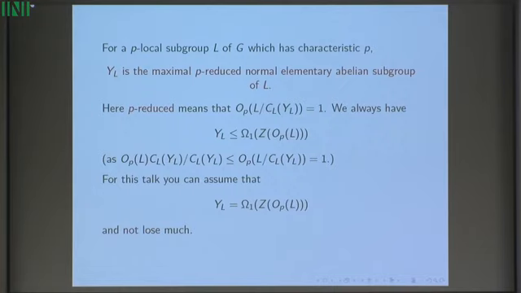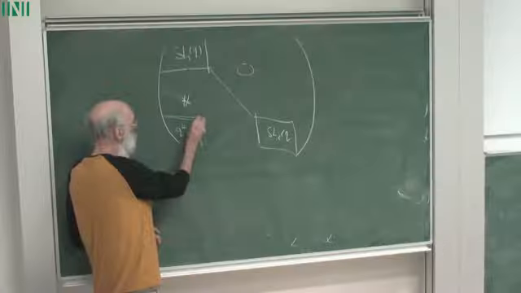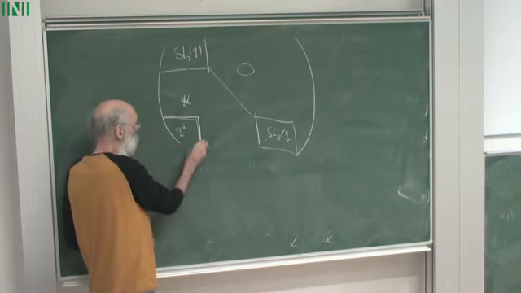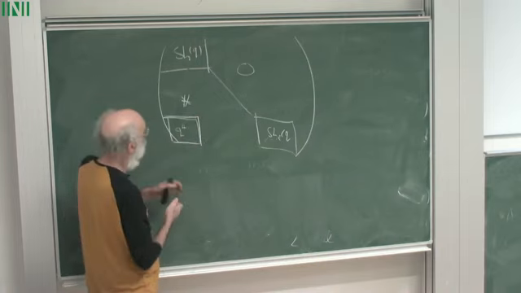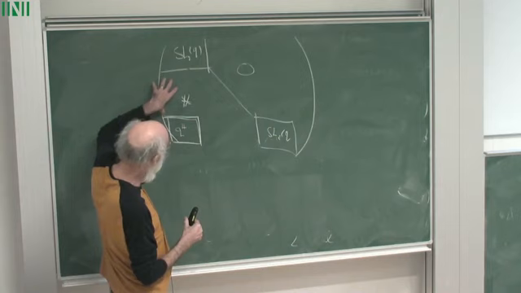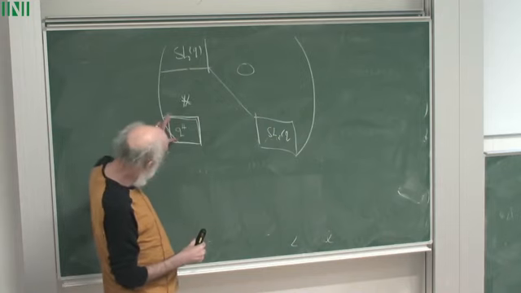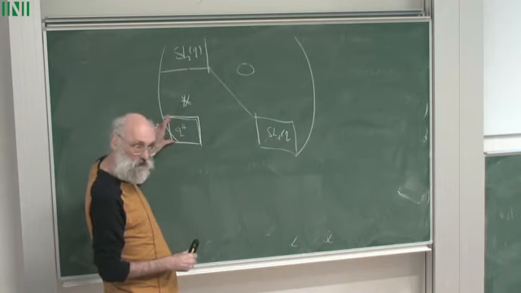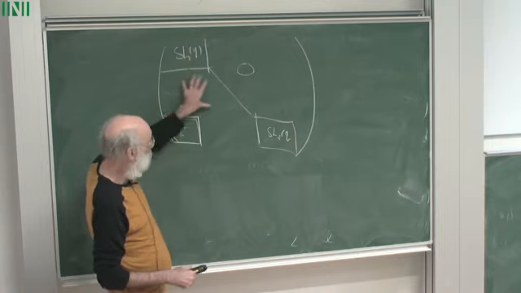So in my picture here, when I take this P group, this OP, YL is just this tiny q to the 4 at the bottom. And then all the rest of this group, we don't know.